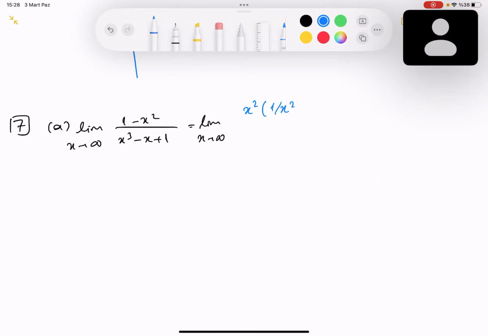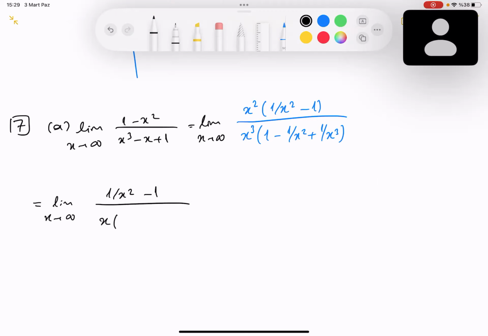You will get 1 over x squared minus 1 over x cubed, and in the parentheses of x cubed, you have 1 minus 1 over x squared plus 1 over x cubed. Now let's get rid of those x squared and x cubed. If you simplify them, you will get 1 over x, right? So you have this one.